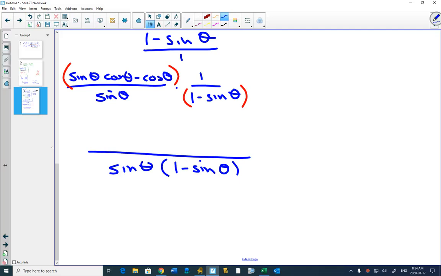Both strategies work, but it's easier to work with things that are smaller and less complicated than things that are bigger. So I'm going to notice that in this top factor, those two terms have a cos theta in common. And so I can factor out a cos theta and be left with sine theta minus 1.